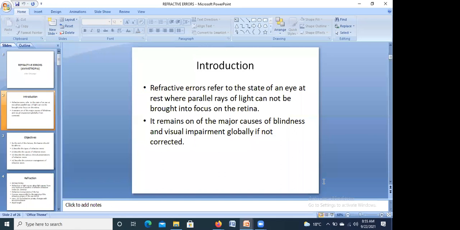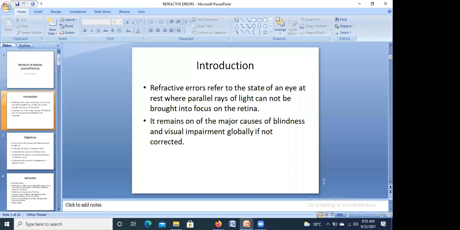So I've just said refractive errors refer to the state of an eye which is at rest. I'll come again to talk about what I mean by an eye at rest, where parallel rays of light cannot be brought into focus onto the retina.